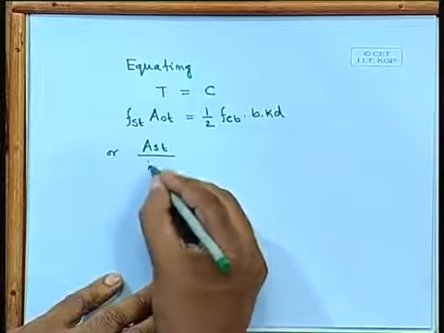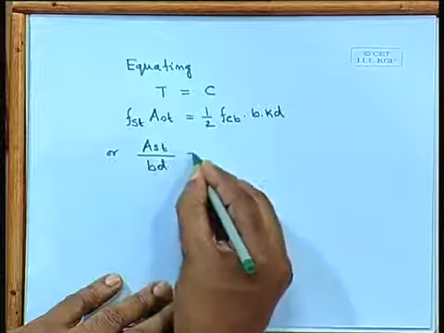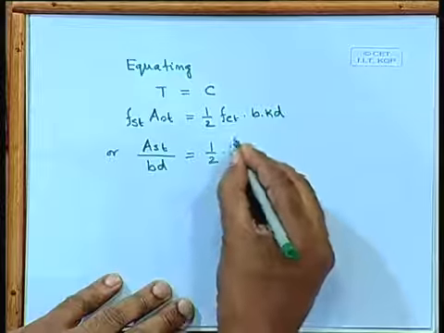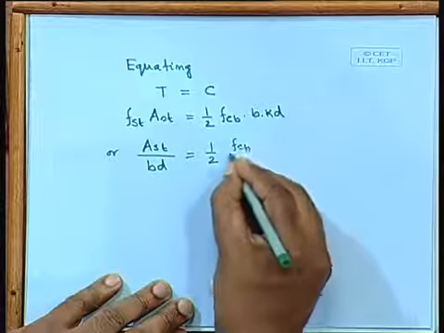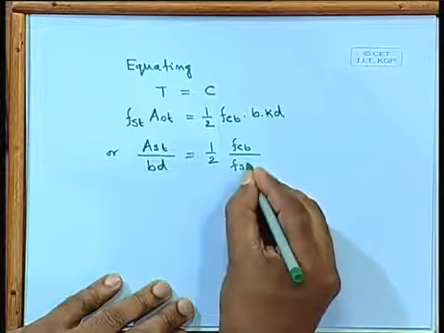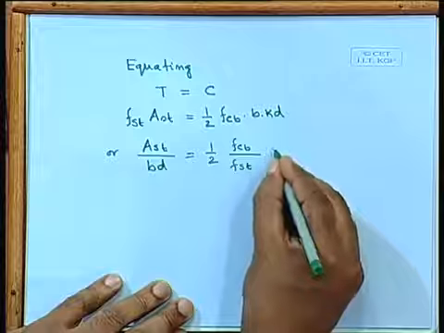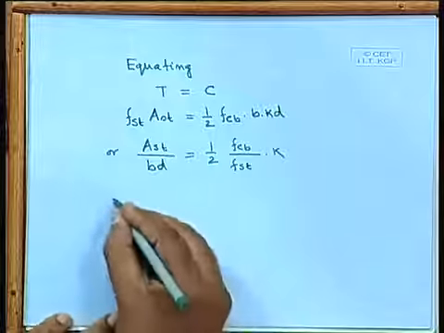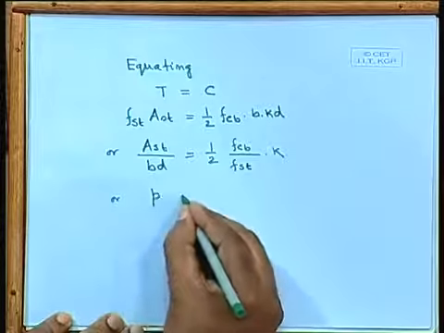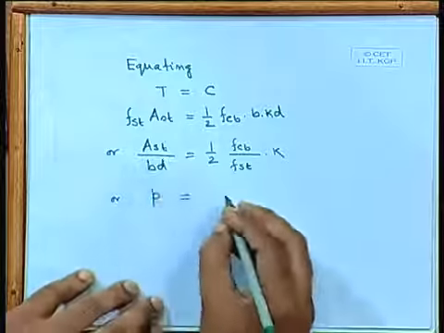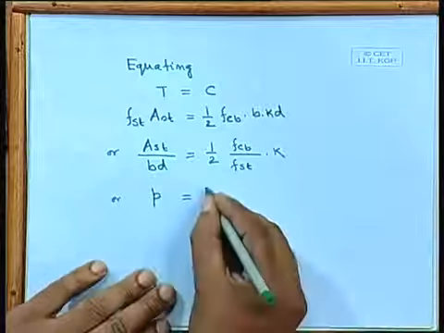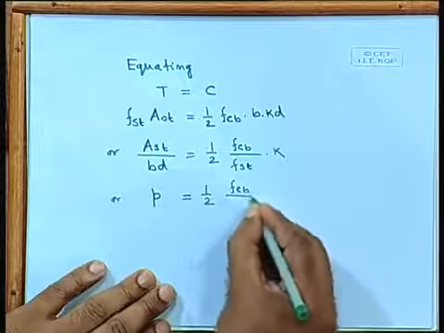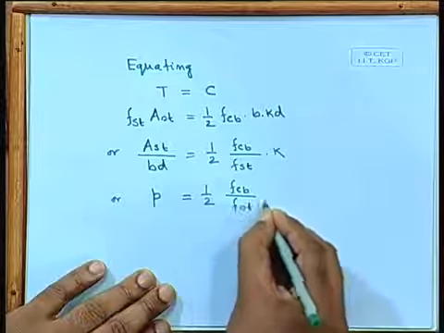So, A_st by bd, which we just rearrange, is half F_cb by F_st multiplied by k. Or we can write down p, A_st by bd, is nothing but p equal to half F_cb by F_st times k.